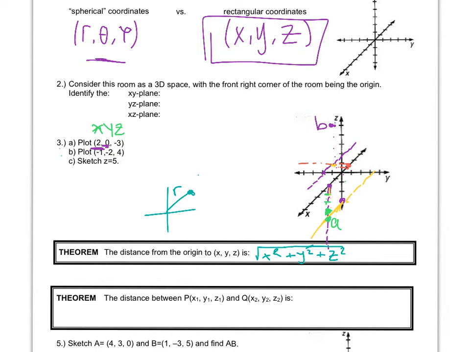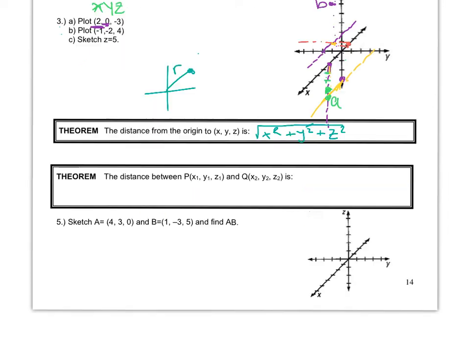If one of the points in 3D space is not at the origin and you're looking for distance, we still apply the same distance formula that we did use in 2D space, which still comes from the Pythagorean theorem. So the distance from P to Q, PQ, equals the square root of the difference between the x's squared.